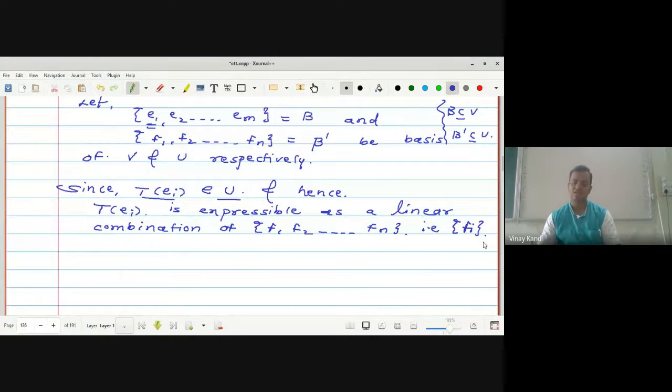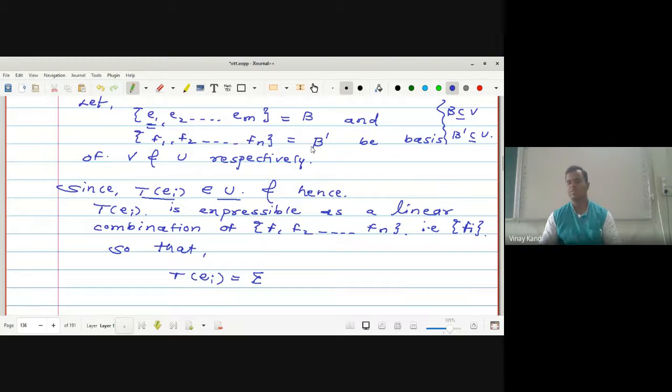In general, we can write it so that T of ei is equal to a summation, because B dash is the basis of your codomain.